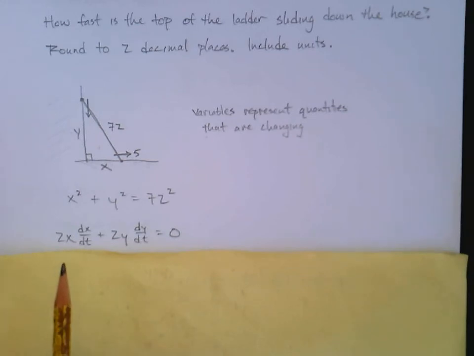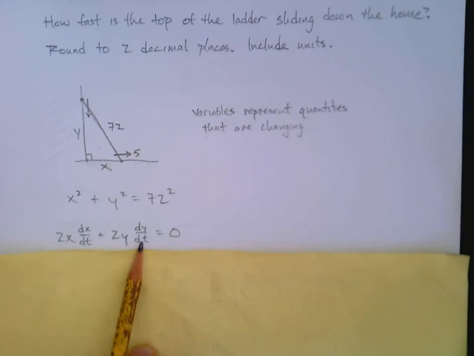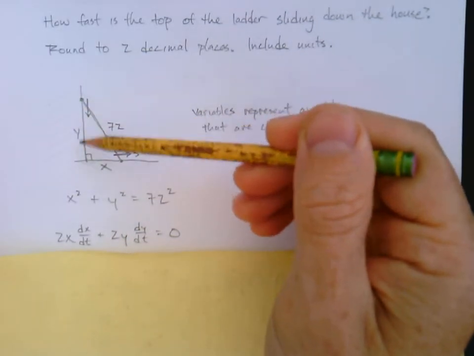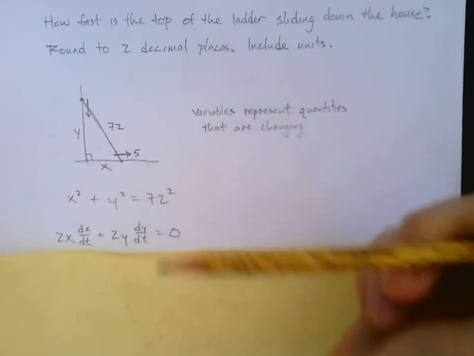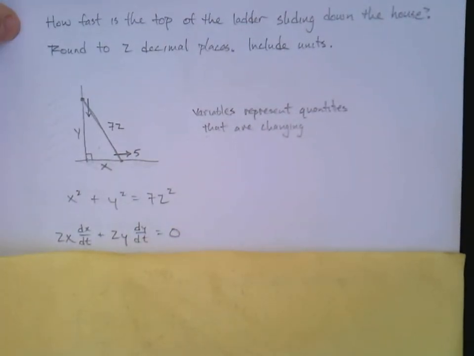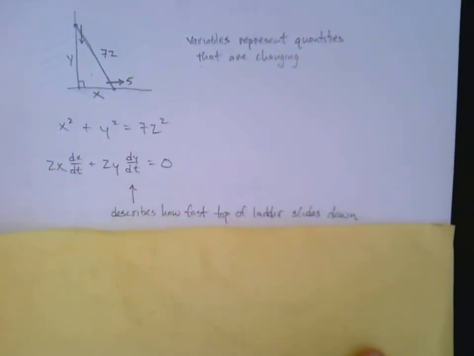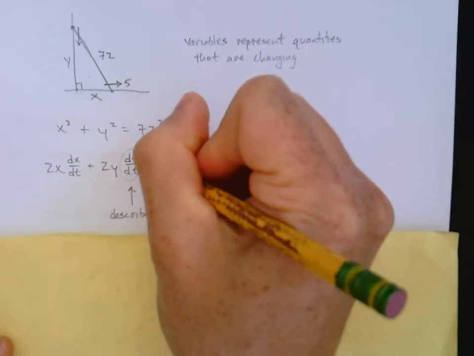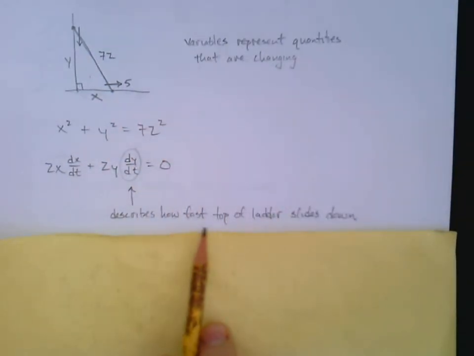Is that represented by dx over dt, or by dy over dt? Well, of course it's dy over dt, because the sliding down is the y. So how fast is y changing? That's the derivative of y, right? So I've got this arrow here, dy over dt. That describes how fast the top of the ladder slides down.